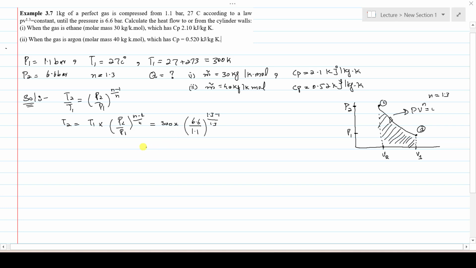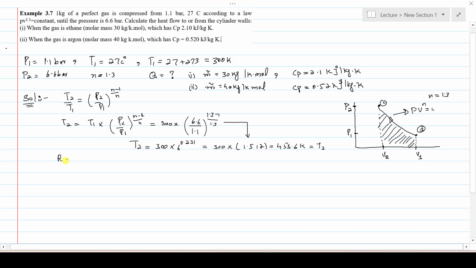After solving this, T1 is 300, and the pressure ratio gives 6 to the power 0.231. This whole ratio becomes 1.512, multiplied by 300. You will get the final T2 value, and it is 453.6 Kelvin.